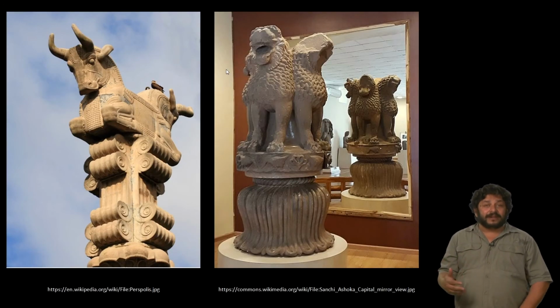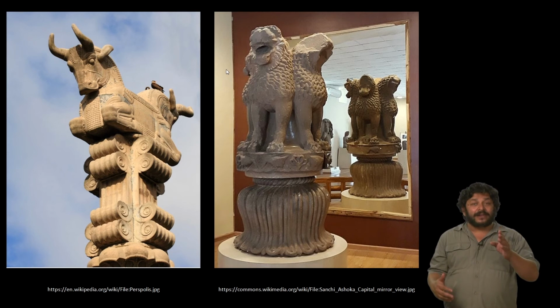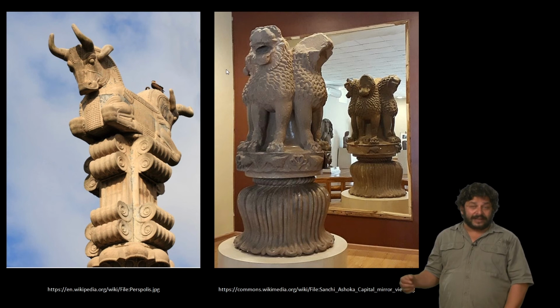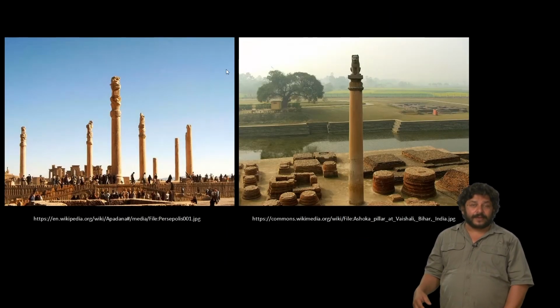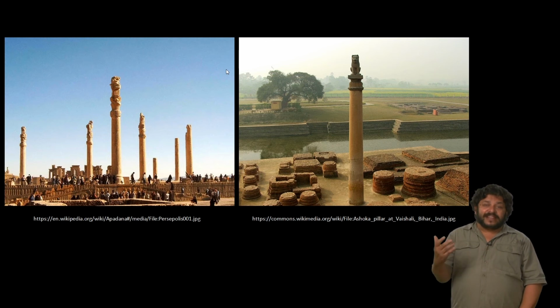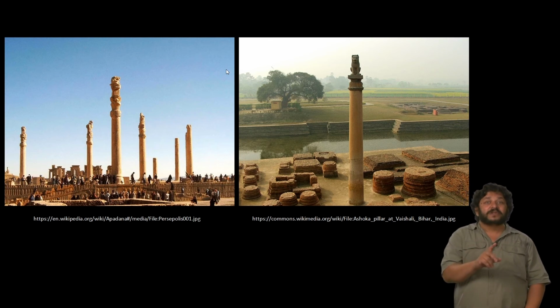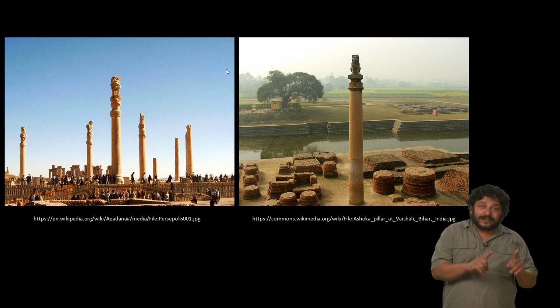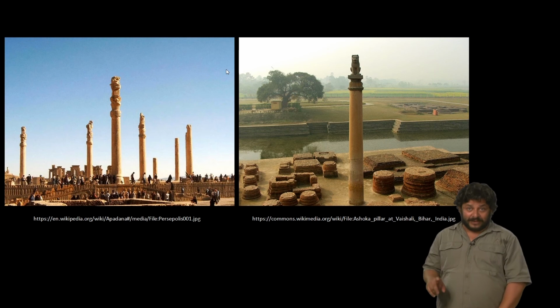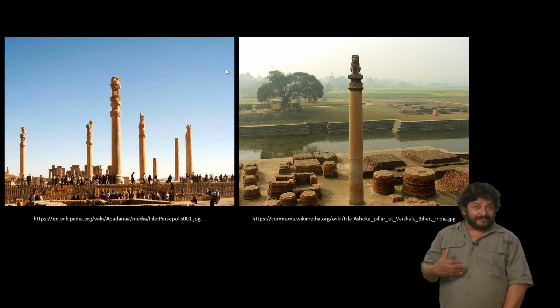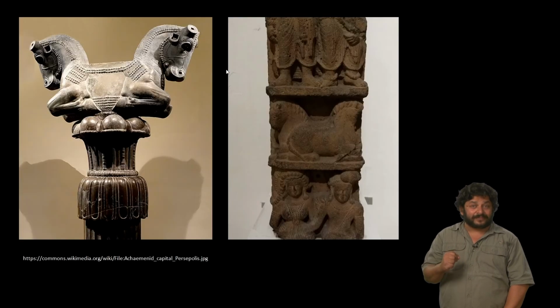Here is a comparison between what you see as a capital on an Achaemenid column at Persepolis and an Ashokan column on the right hand side. When you look at freestanding columns such as the one at Vaishali on the right hand side and compare it with what you see at Persepolis, it is not a stretch of imagination to see how the Achaemenid columns would inspire the Mauryan columns as markers of imperial grandeur, of imperial might, and providing an imperial message in the form of an inscription.